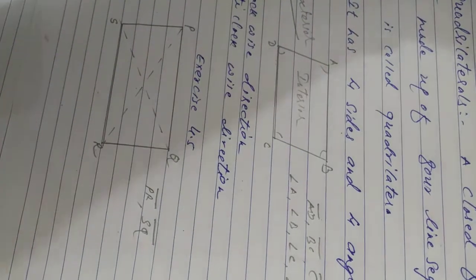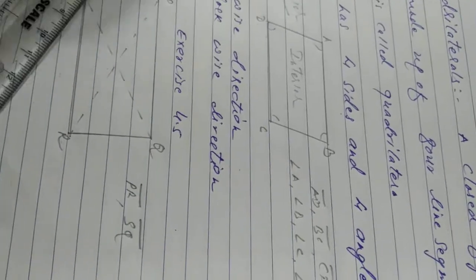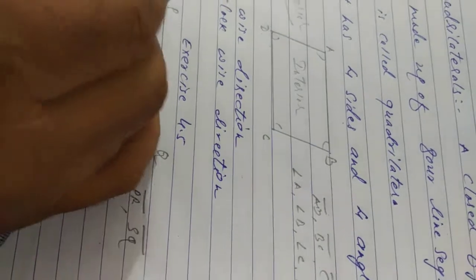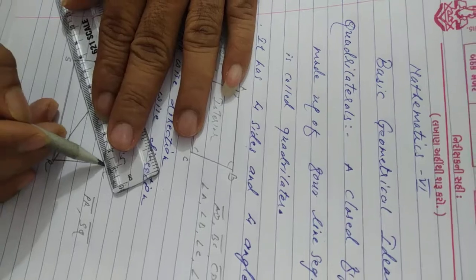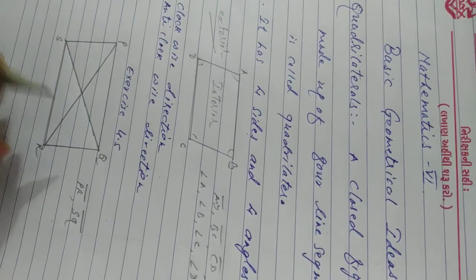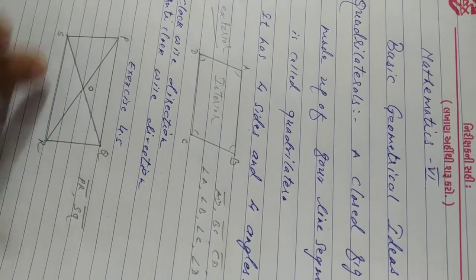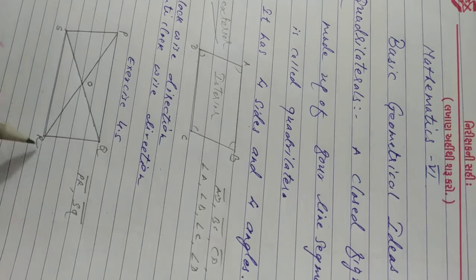Then, is the meeting point of the diagonals in the interior or exterior? See, both meet at which point? Both diagonals meet here, right? Suppose the point O. Where is it lying? Inside the quadrilateral PQRS.